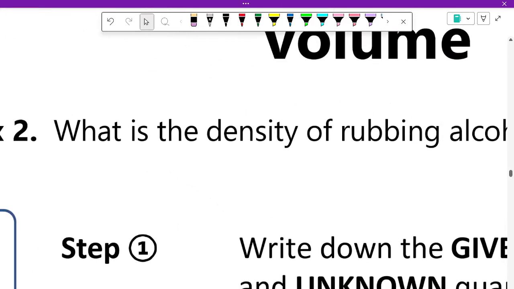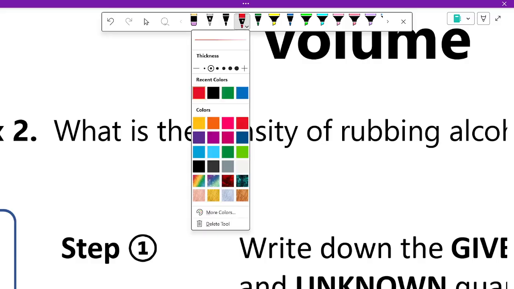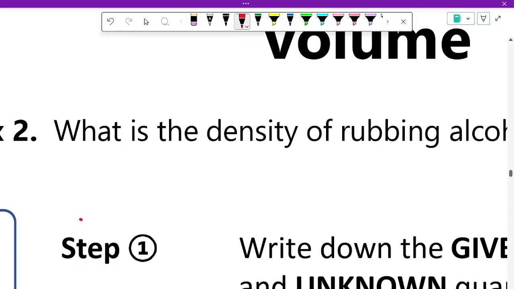Let's go through this question and pick out the givens and the unknown. See if you can find the unknown. In that sentence, what is the unknown? It's whatever is being asked about.